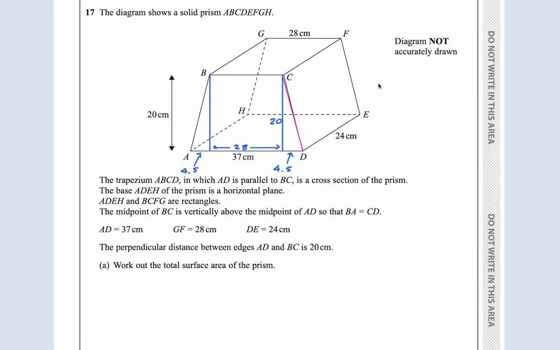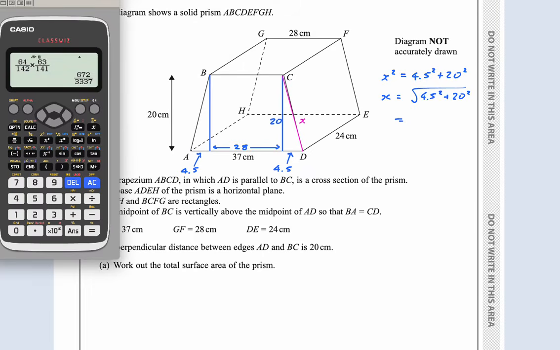Now, let's call this x. To get the length x, I'm going to use Pythagoras' theorem. So x squared equals 4.5 squared plus 20 squared. x equals the square root of 4.5 squared plus 20 squared, which is 41 over 2.